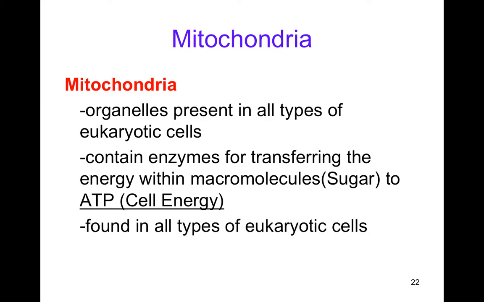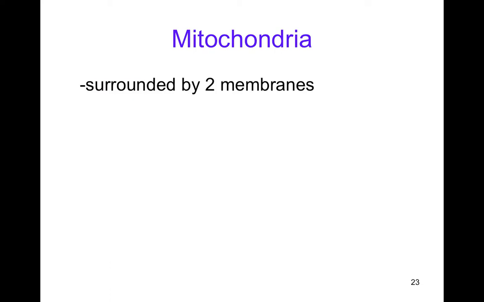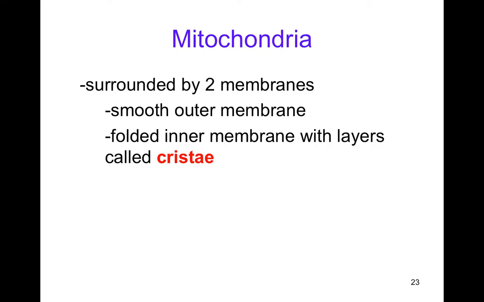And again, it's found in all types of eukaryotic cells. Both plants and animals can do this. Further investigation of the mitochondria tells us that it has two membranes, a smooth outer membrane and a folded inner membrane. Those folds within the membrane are called cristae.